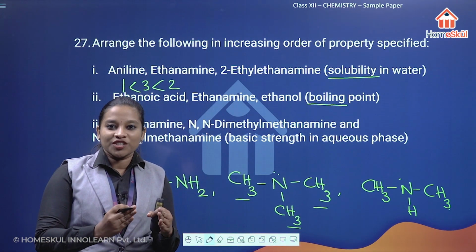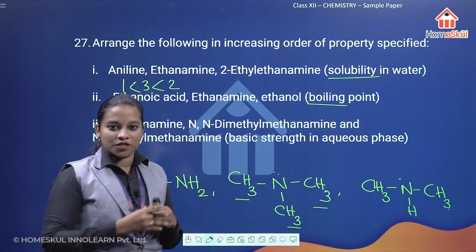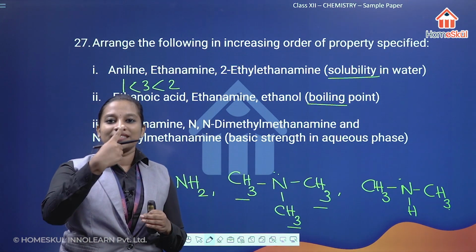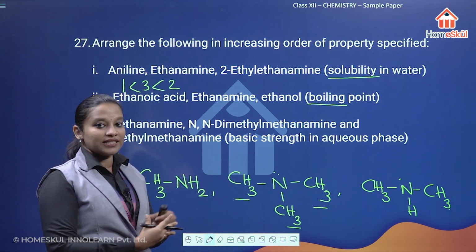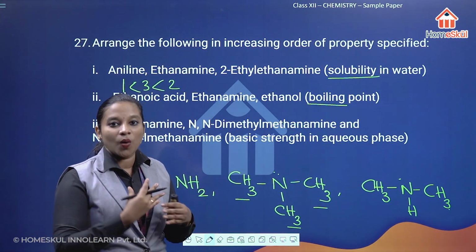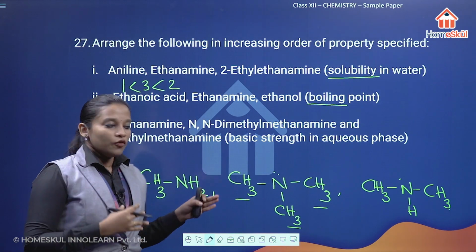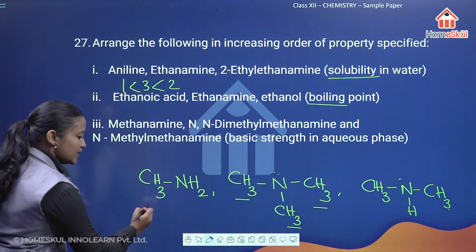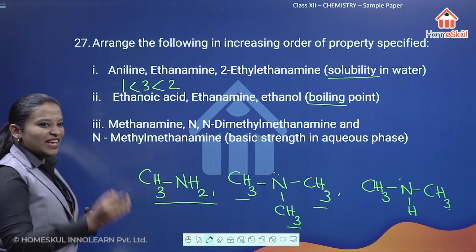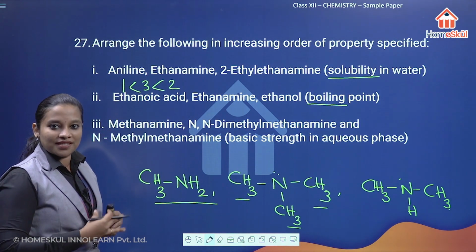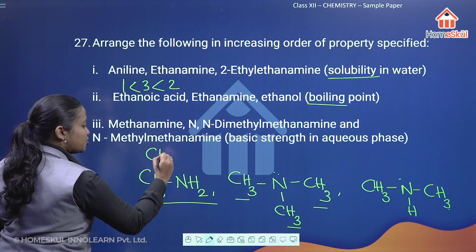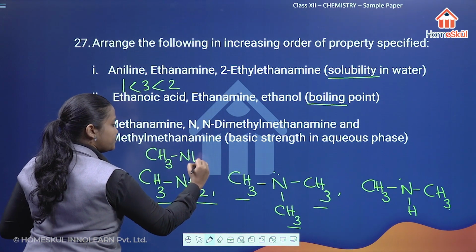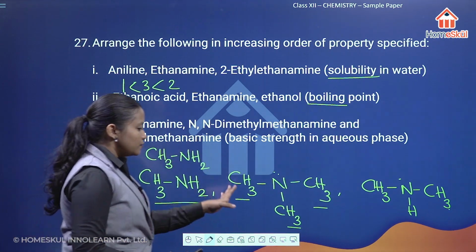They are electron rich, electron donating groups. So as the number of electron donating groups increases, the basic strength also increases. From this, we can see that methanamine has less basic character. So the first one will be CH3NH2.